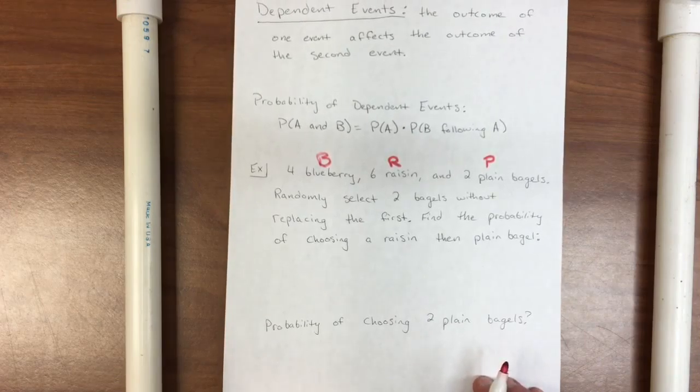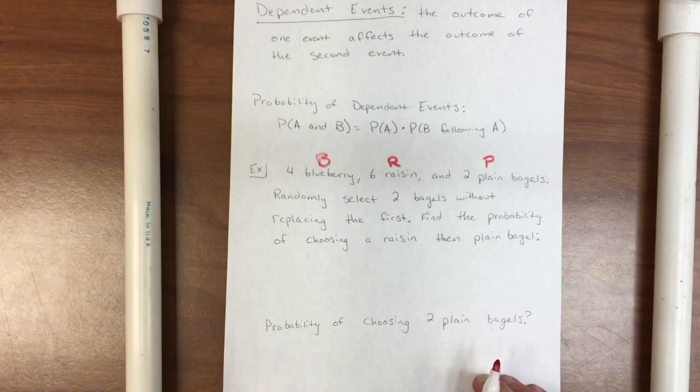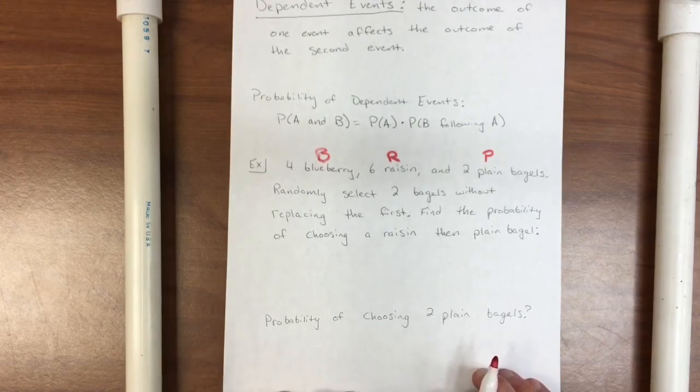Since we aren't replacing the first one, the outcome of the first event affects the outcome of the second event, because we're picking a bagel and then we're going to have one less bagel, so our second probability is going to be a little different. So we need to find the probability of choosing a raisin bagel and then a plain bagel. So what is our first event going to be?